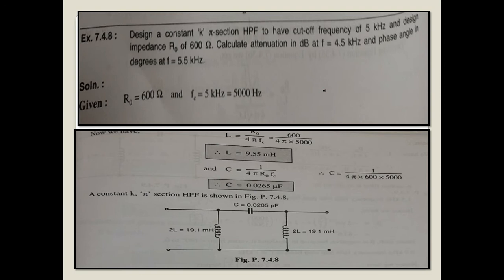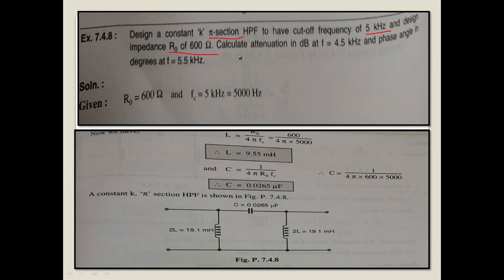Then in the second problem, we see what data is provided. First, design a constant K pi section, meaning specifically the pi section is provided for the high pass filter, with the cutoff frequency of 5 kilohertz. The design impedance is also given here, the value of R0 is equal to 600 ohm.